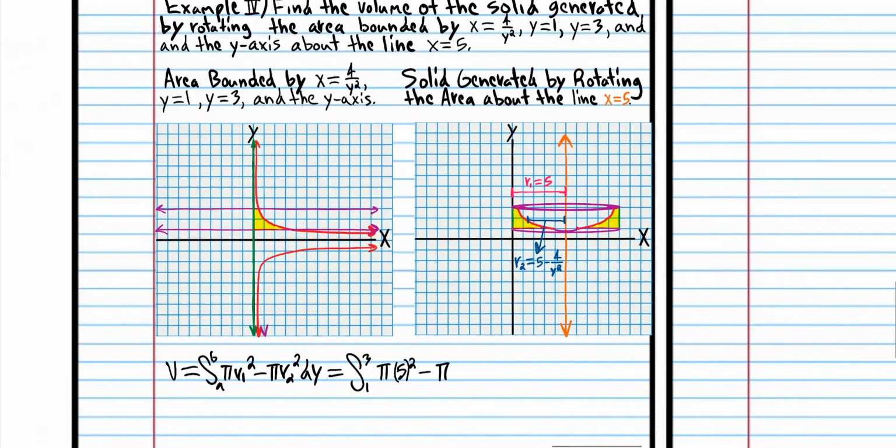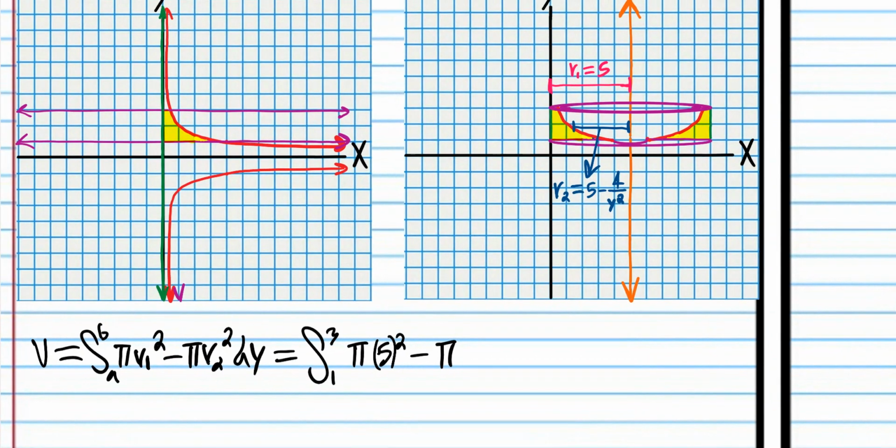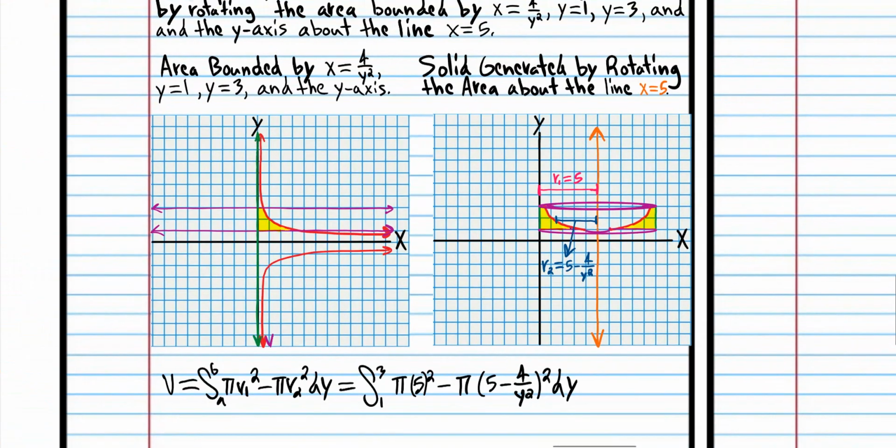It's not exactly obvious that that's that blue distance, but it's going to be 5 minus 4 over y squared. So there you go, there's the integral.